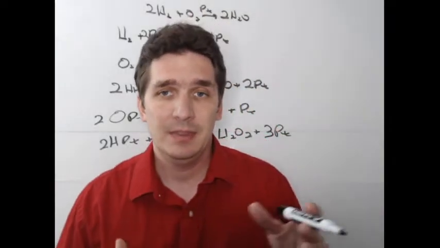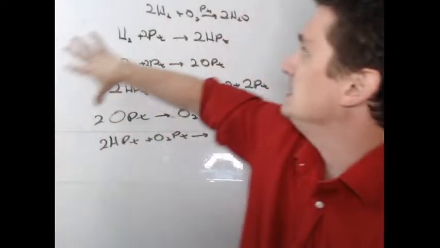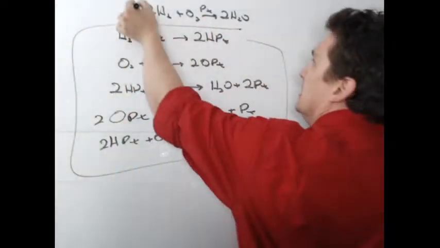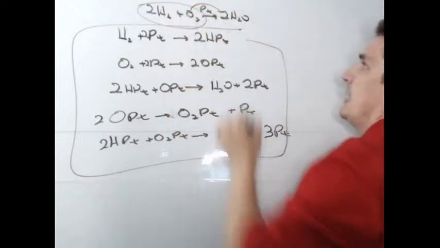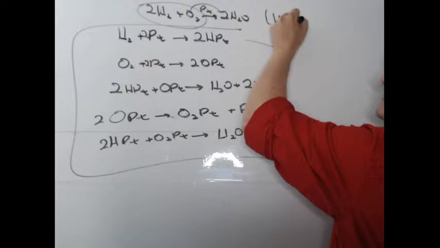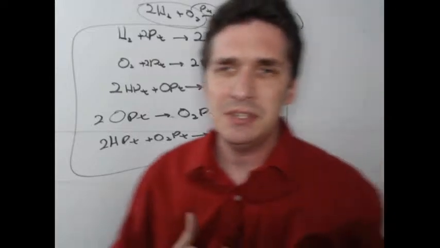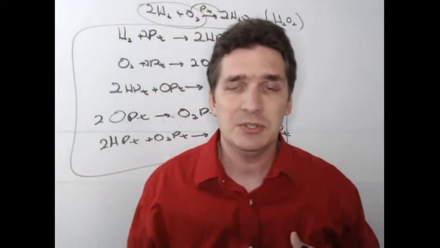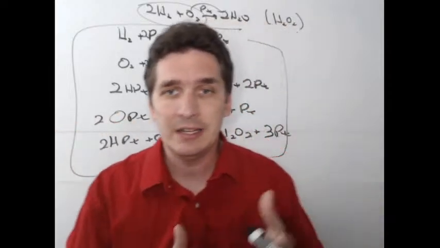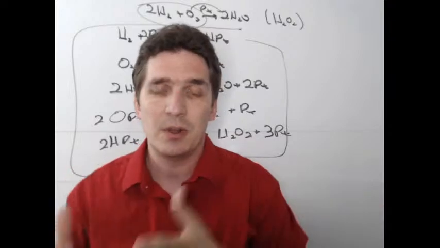Now, the thing is that if you don't know anything about the mechanism, it's really hard to see how H2 and O2 can give you both that, as well as a small amount of H2O2. So this is just kind of setting you up for organic chemistry. Organic chemistry is going to focus on mechanisms a lot more. You're going to start breaking down how reagents go to products.